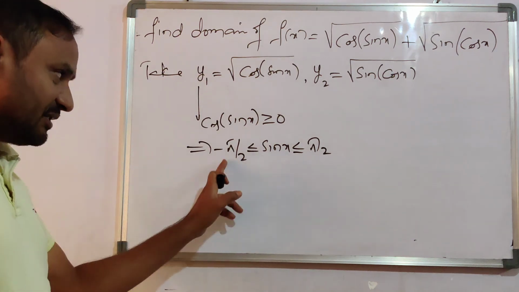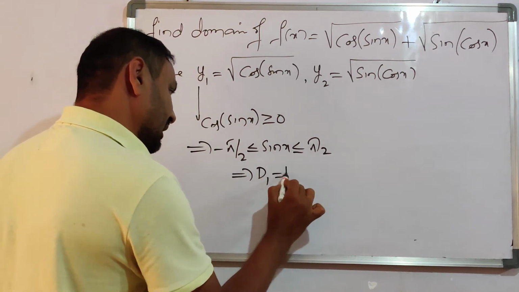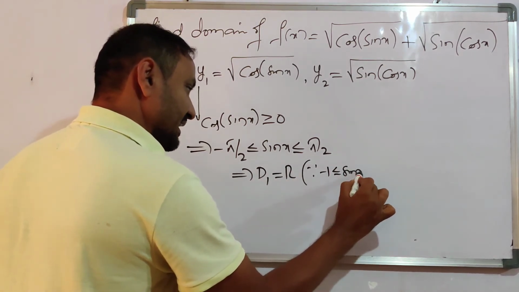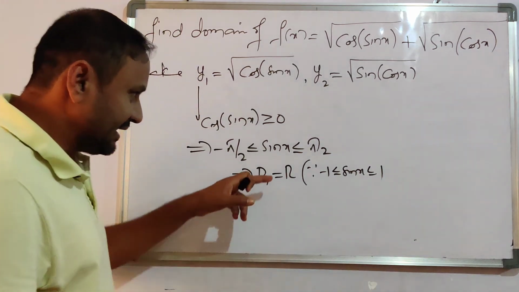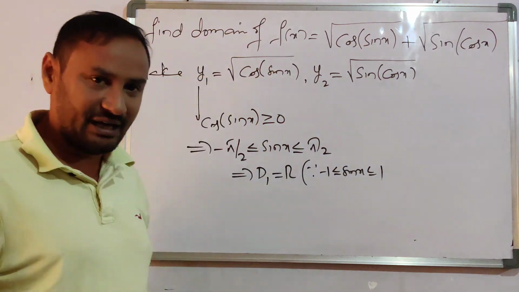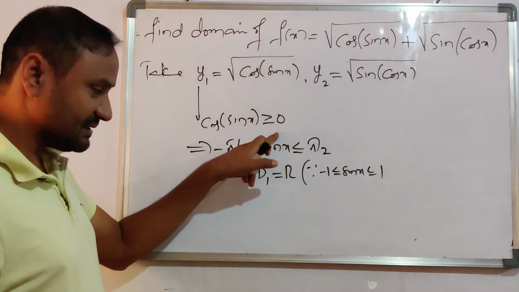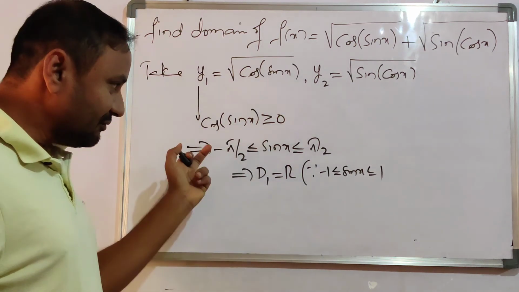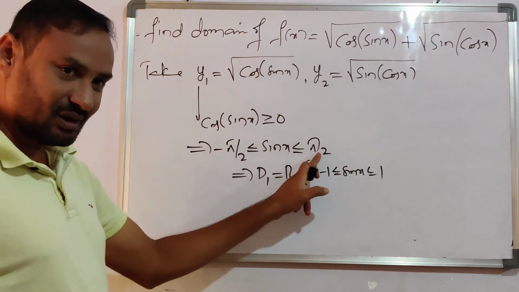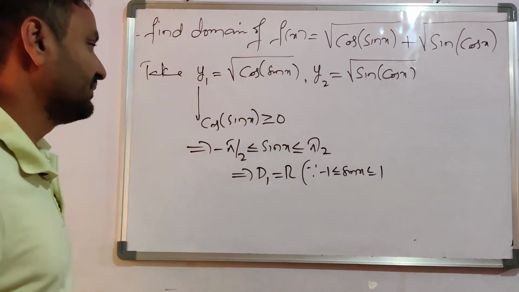Here sin x lies between minus 1 to plus 1. That means here d1 is equal to R, since minus 1 less than or equal to sin x less than or equal to 1 means taking any real value for x, sin x lies between minus 1 and plus 1, which is inside minus pi by 2 to plus pi by 2. Replace real values in sin x. Outcome values are between minus 1 to plus 1. This is minus 1 point something, this is 1 point something. That's why any real value will satisfy this condition. This is number 1.